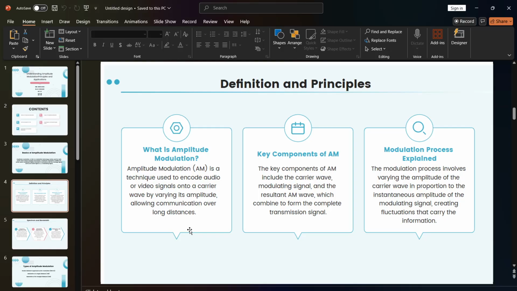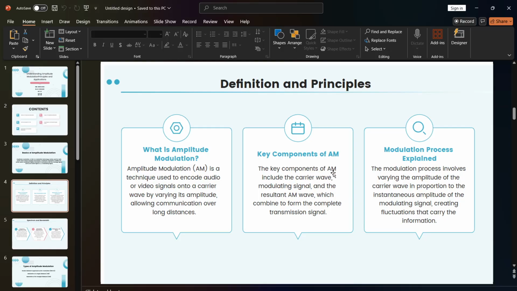Also it contains information which is carried. We will also come across a term known as the modulation index, which indicates how much the modulated variable of the carrier signal varies around its unmodulated level.